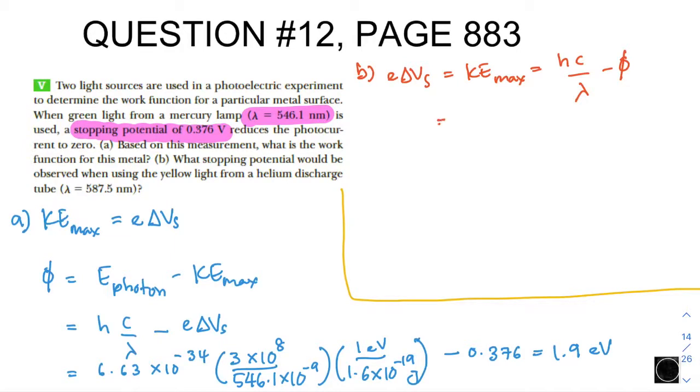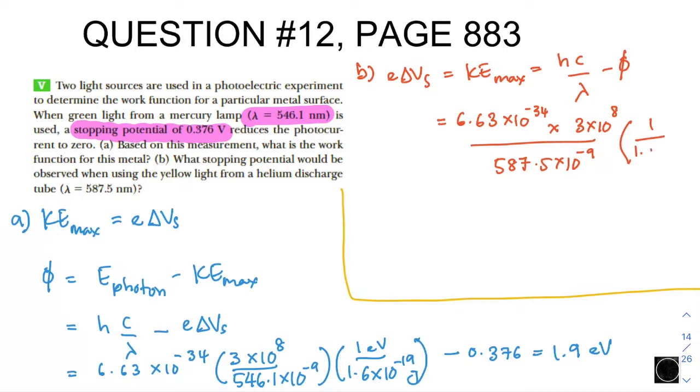So that is 6.63 times 10 to the power of negative 34 times 3 times 10 to the power of 8 divided by 587.5 times 10 to the power of negative 9, with the conversion 1 over 1.6 times 10 to the power of negative 19, minus the 1.9 eV from just now.